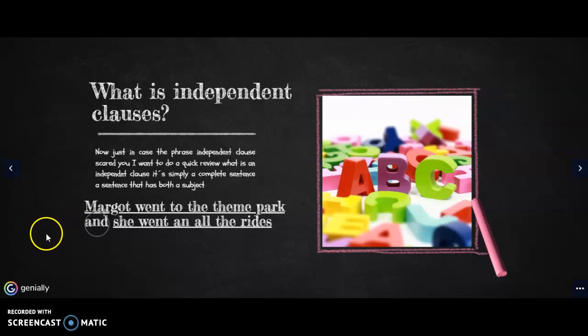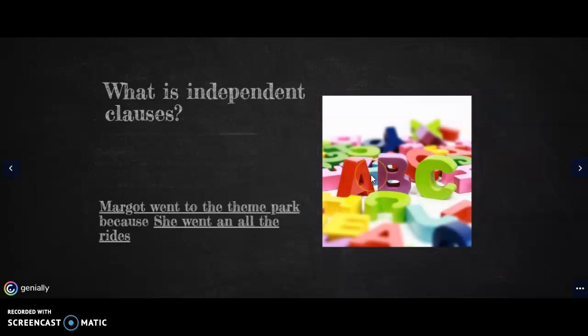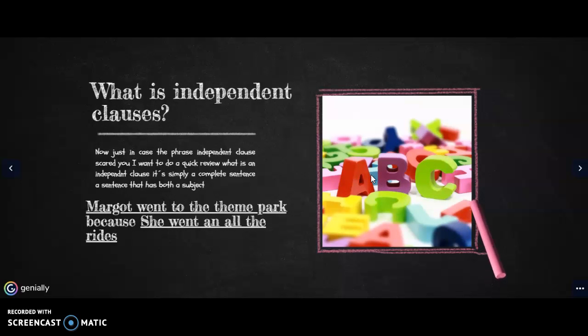On the other hand, we can also connect ideas with an independent and a dependent clause. In this sentence, Margot went to the theme park because she went on all the rides.